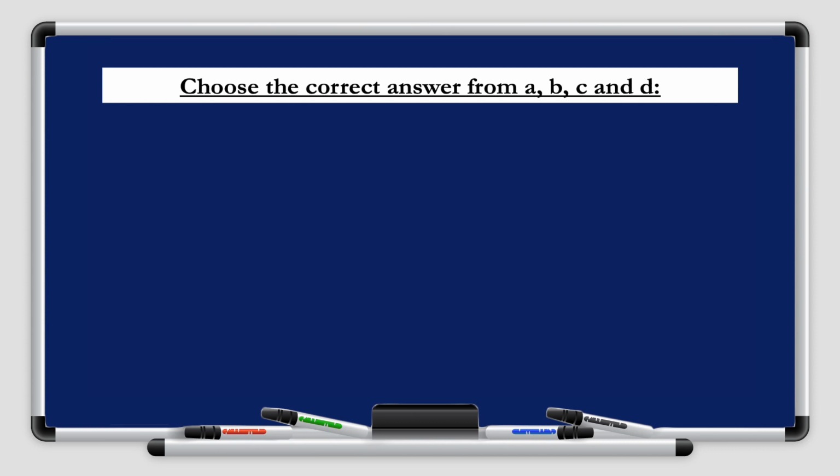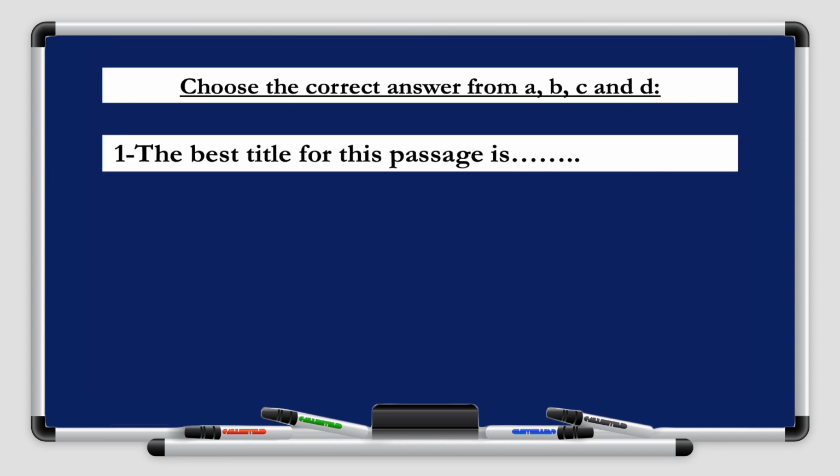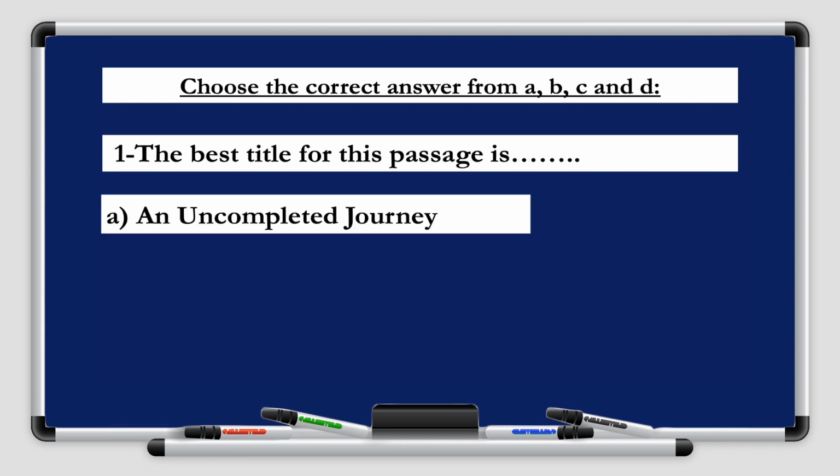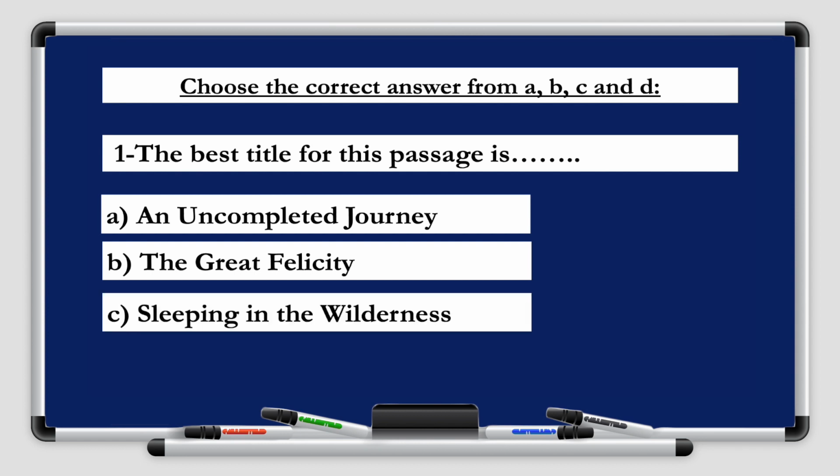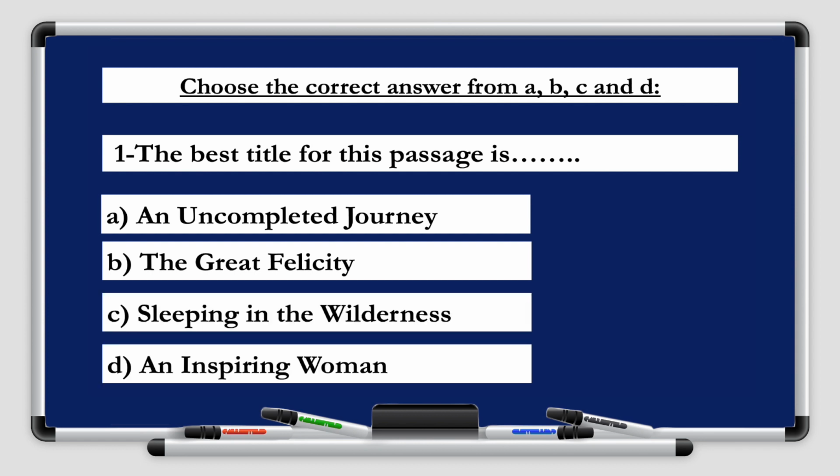Now we have to choose the correct answers from A, B, C, and D. The best title for this passage is: Uncompleted Journey, The Great Felicity, Sleeping in the Wilderness, or Inspiring Woman. The best title for this passage is An Inspiring Woman.